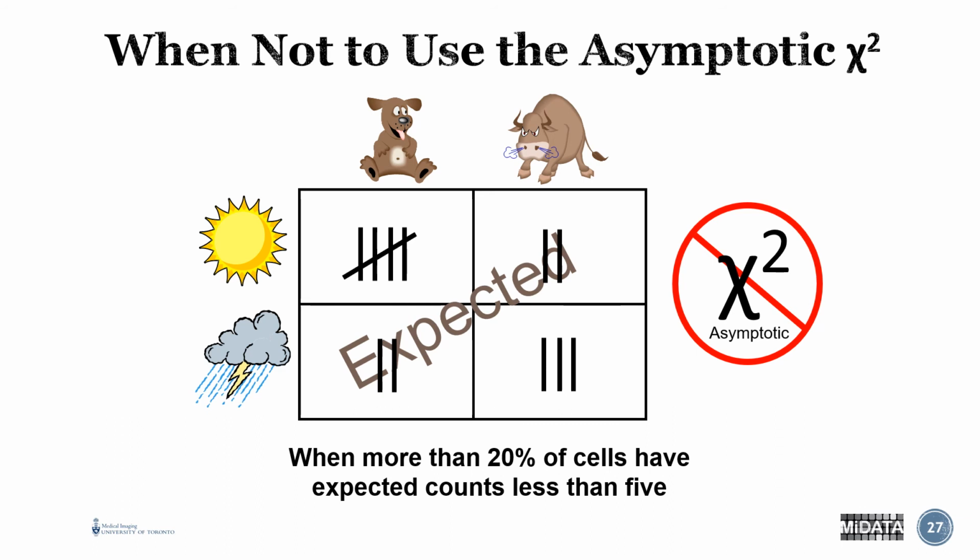And the simple rule is that when more than 20% of cells in your contingency table have expected counts of less than 5, then you should not use the asymptotic standard error to calculate your chi-square because it will lead to a bias.